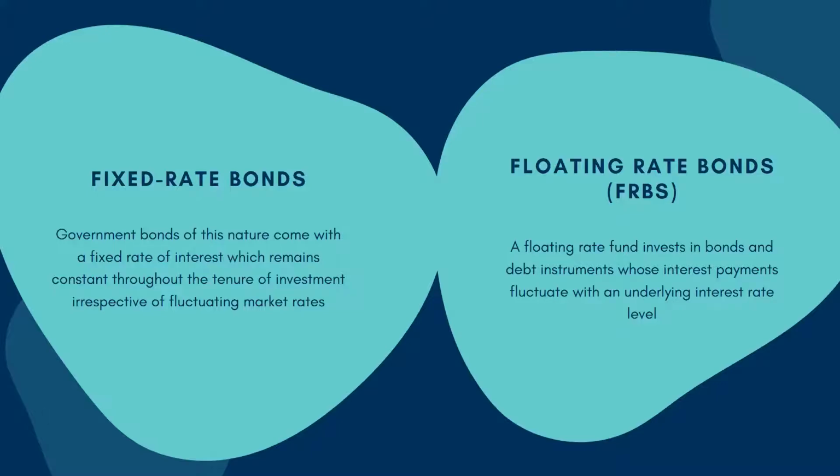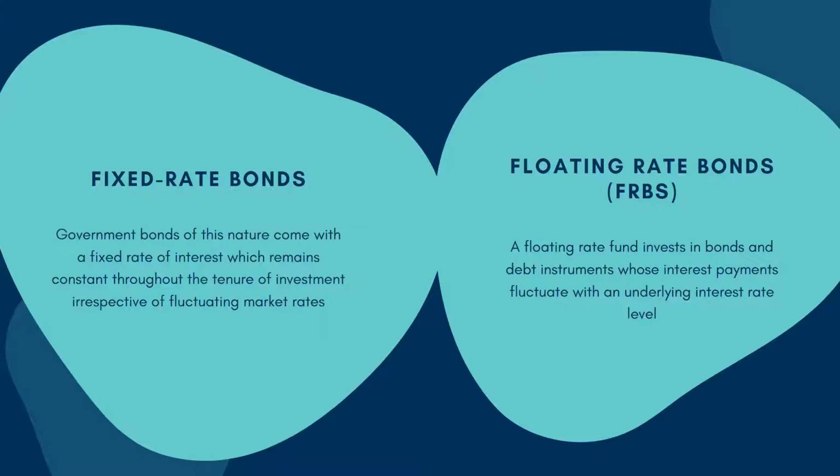The next type of government bond is the floating rate bonds, that is FRBs. Floating rate bonds have periodic changes in the rate of returns. The change in the rates is undertaken at intervals which are declared beforehand during the issuance of such bonds.